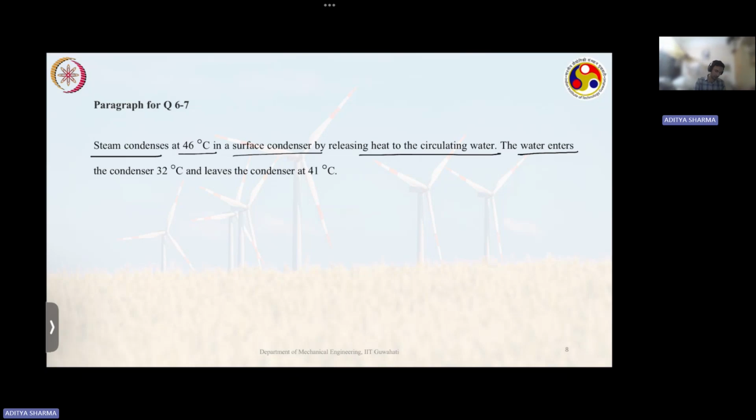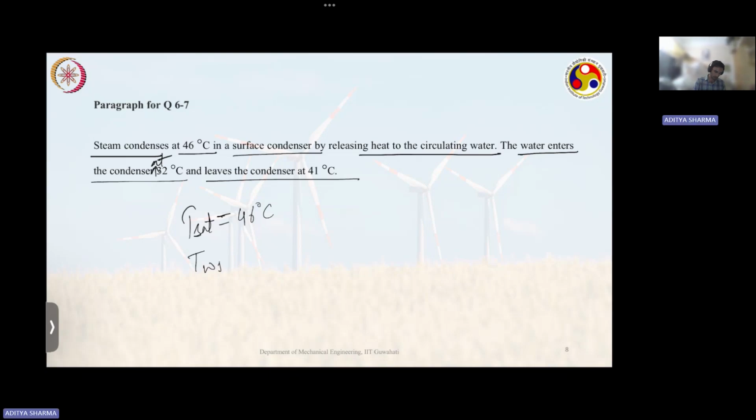The water enters the condenser at 32 degrees Celsius and leaves the condenser at 41 degrees Celsius. So here we have T saturated equal to 46 degrees Celsius.